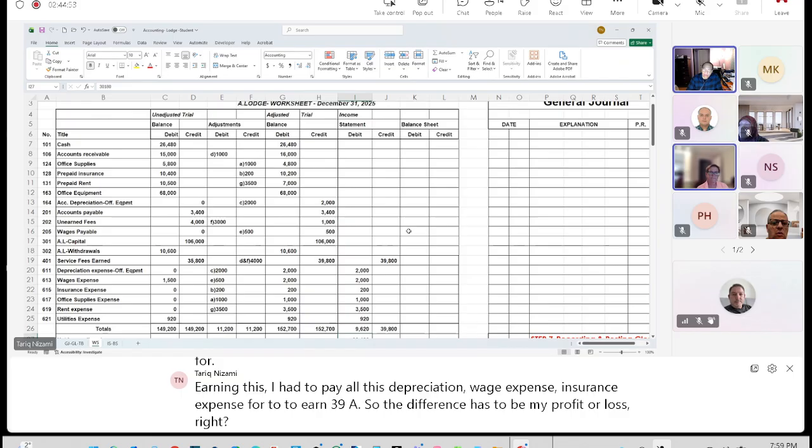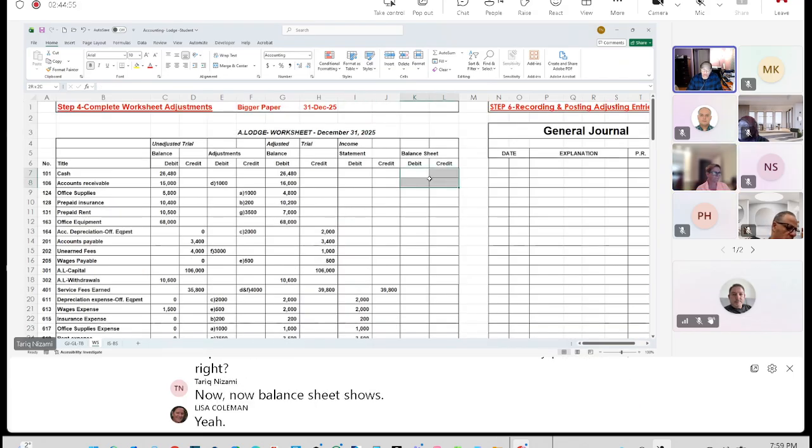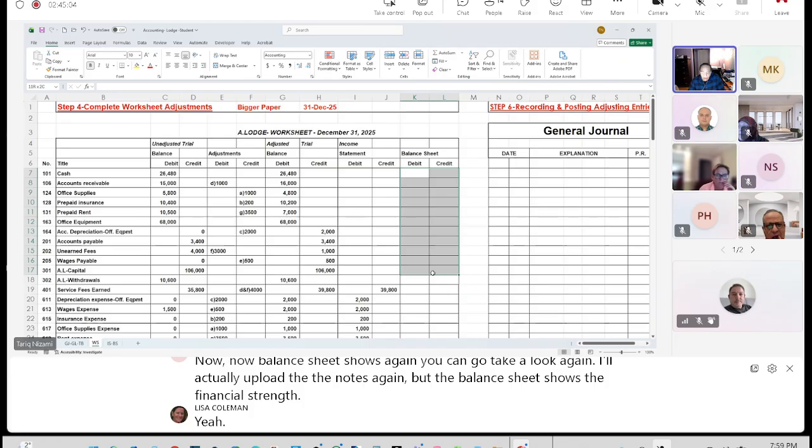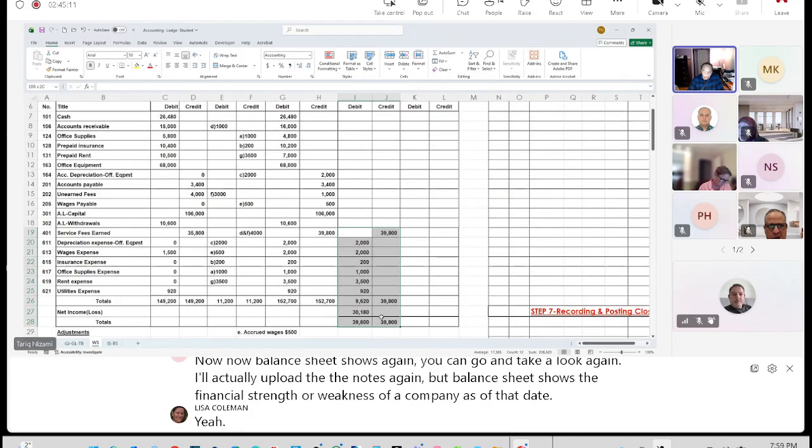Now, the balance sheet shows, you can take a look again, I'll upload the notes again, the financial strength or weakness of a company as of that date. The income statement is over a period of time of one month.